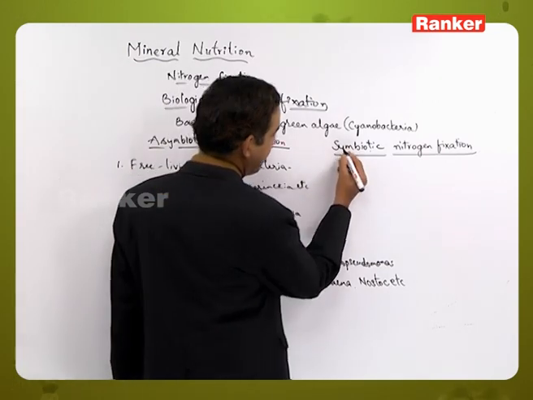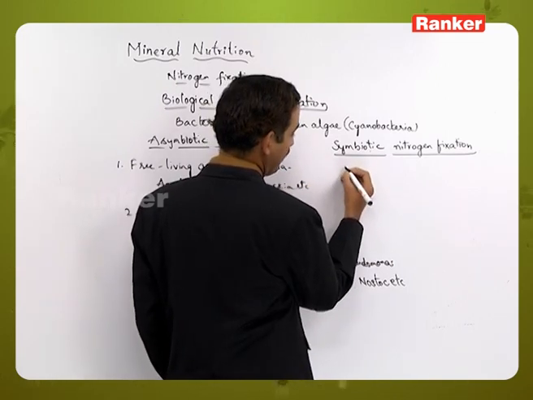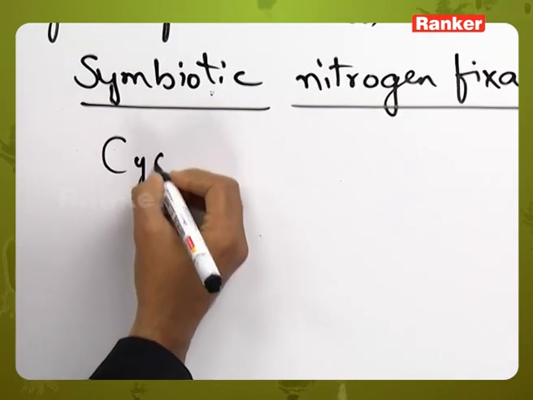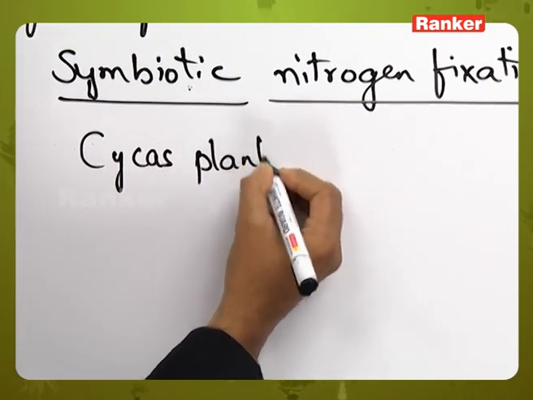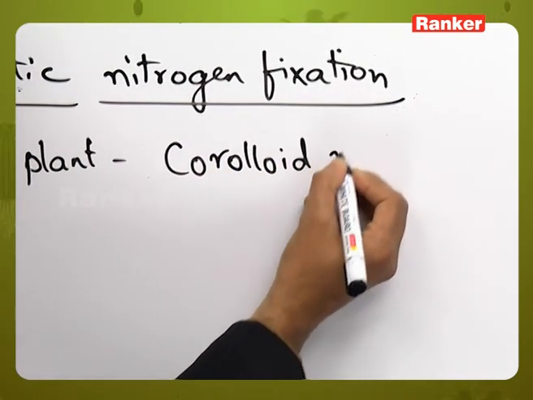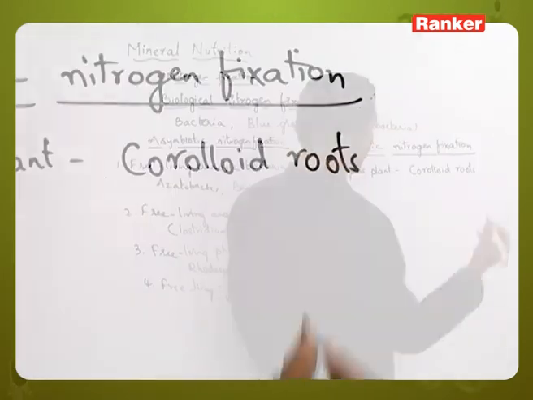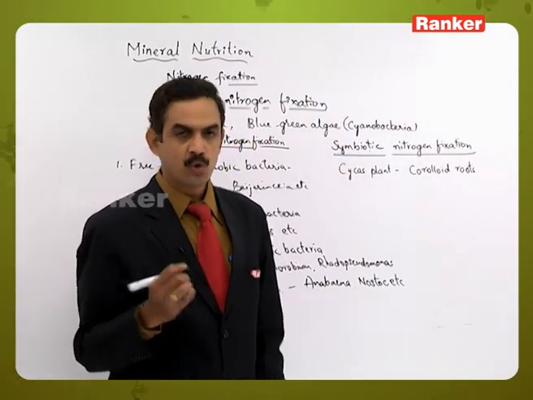So let us take some of the examples of the symbiotic nitrogen fixation, like examples of the plant like Cycas. So Cycas is a gymnosperm plant, and this plant will have special type of roots called coralloid roots. So coralloid roots are one of the examples for nitrogen fixing roots. Why?